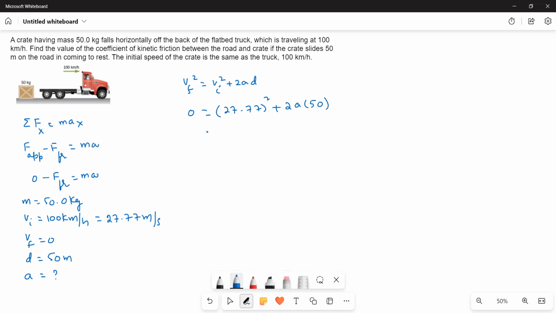So what happens here, acceleration is equal to 27.77 whole square divided by 2 into 50. So what is the value here? It gives us a value of 7.84 meters per second square.